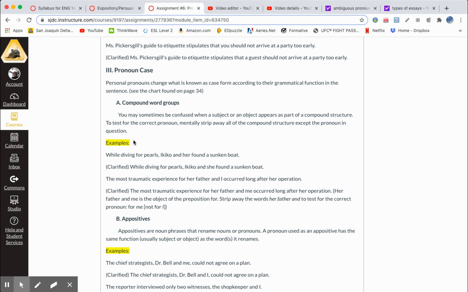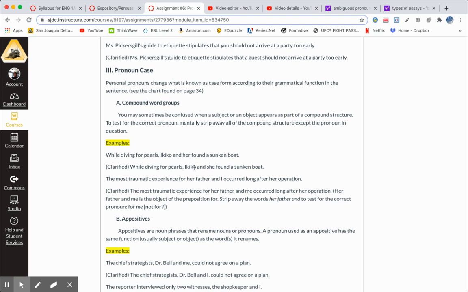Here are some examples: "While diving for pearls, Akiko and her found a sunken boat." Well, we can clarify this: "While diving for pearls, Akiko and she found a sunken boat." Why Akiko and she and not Akiko and her? And how do we know? Well, you could strip away all the compound structure except the pronoun in question.